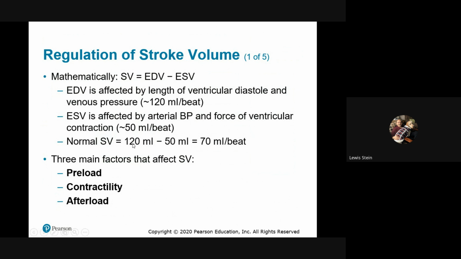The stroke volume is about 120, and the end volume is about 50. So we're just pumping out 2 1/3 ounces, 30 milliliters an ounce, about universal. So what are the big factors that influence it? Loading it, the overall contractility, and kind of what's left in it.